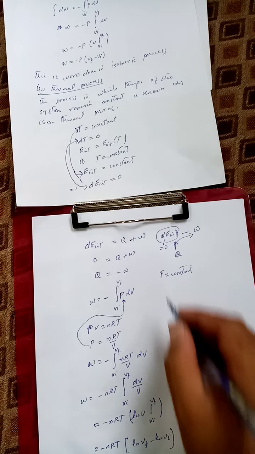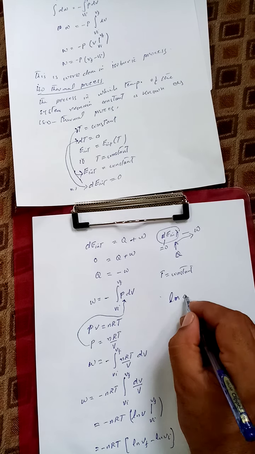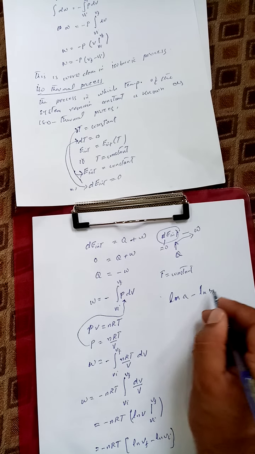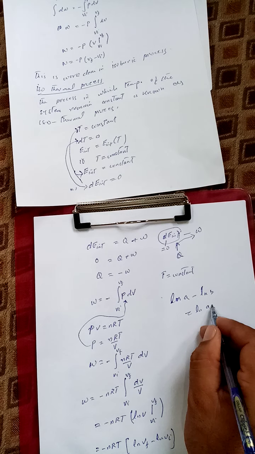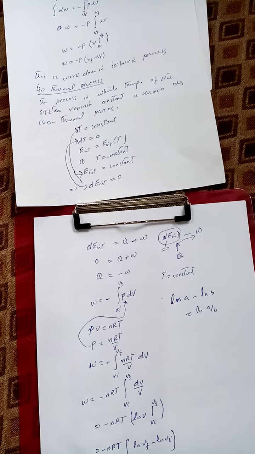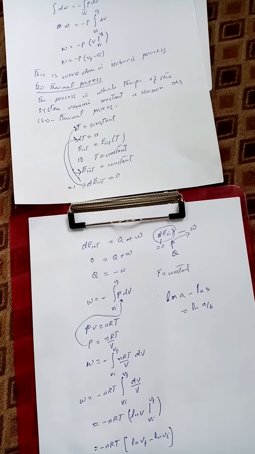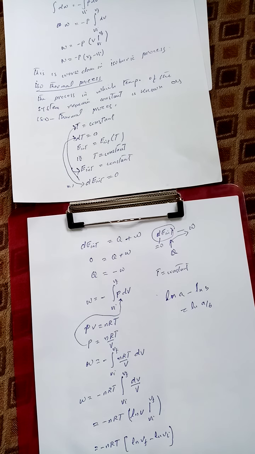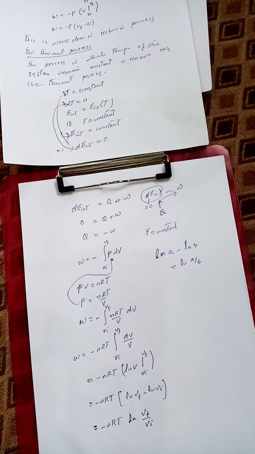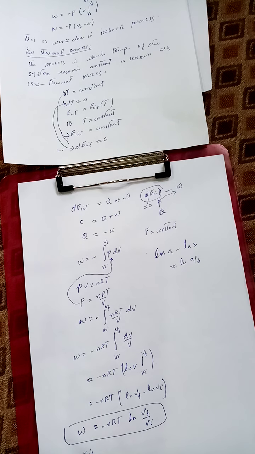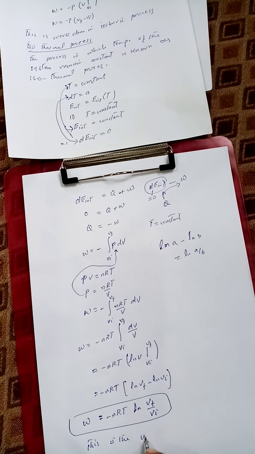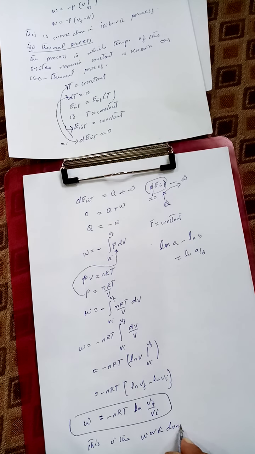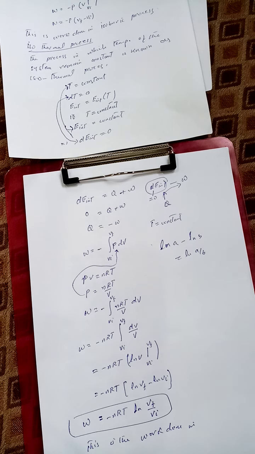And we know that natural log of A minus natural log of B is equal to natural log of A over B. So from this we get minus nRT ln(Vf over Vi). And this is the work done in isothermal process.